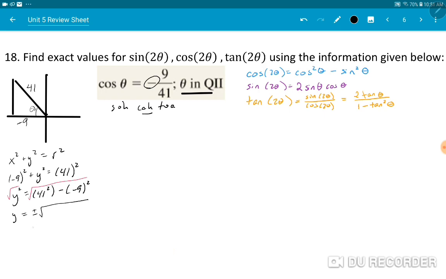I'll put that in the next line. Then I need to find out what 41 squared is and negative 9 squared. 41 squared, I don't know that off the top of my head, so I need to do a little multiplication.